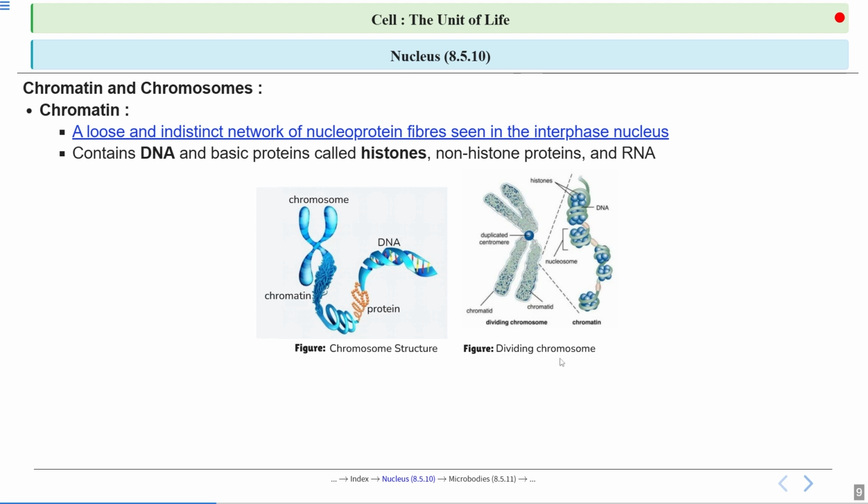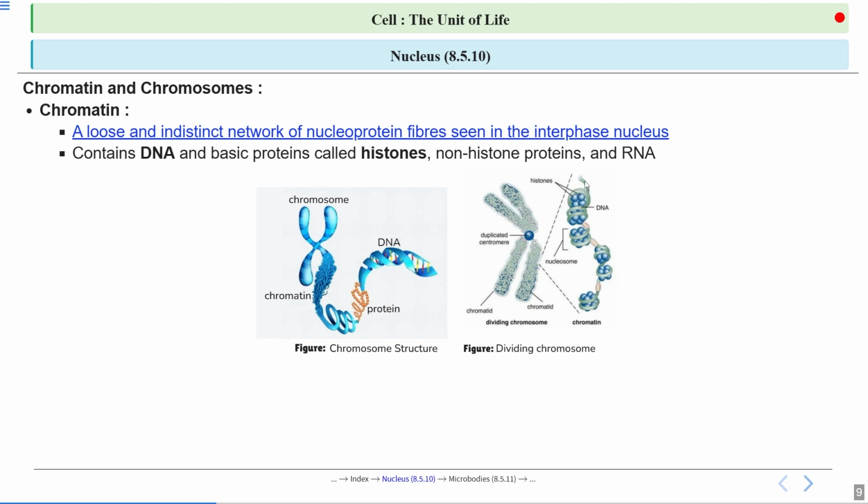Here you can see this is a dividing chromosome. Here you can see this is a better image. This is the entire chromosome. Chromosomes are made up of this chromatin. Now they have enlarged this section here. Chromosome consists of these chromatids. If you enlarge it, you can see these are the nucleosomes. These nucleosomes are attached together to form the chromatin.